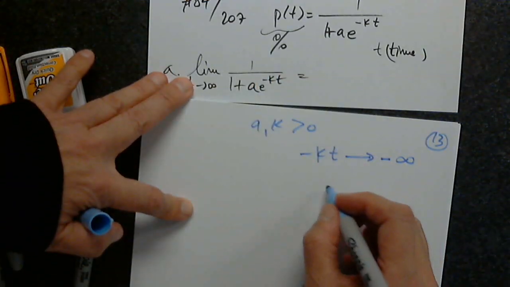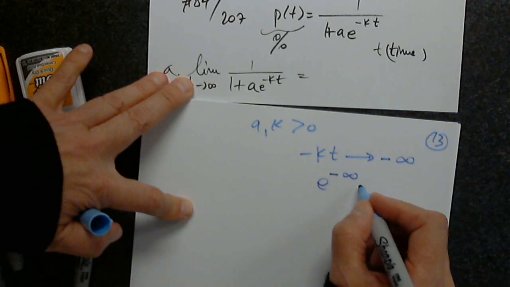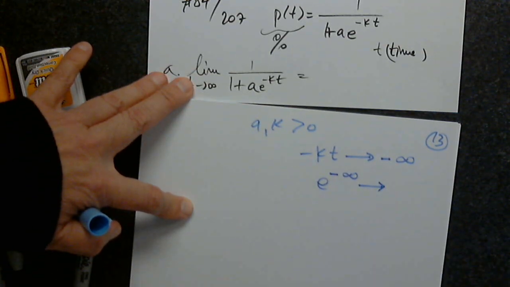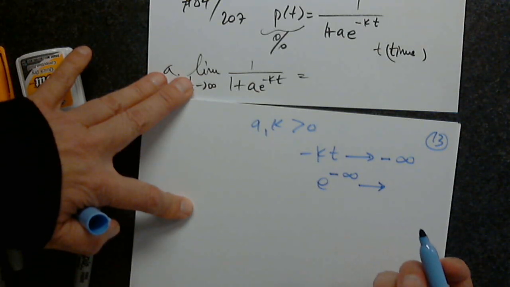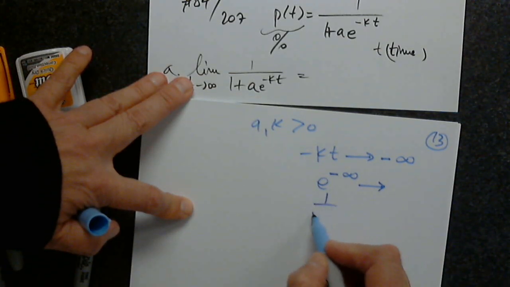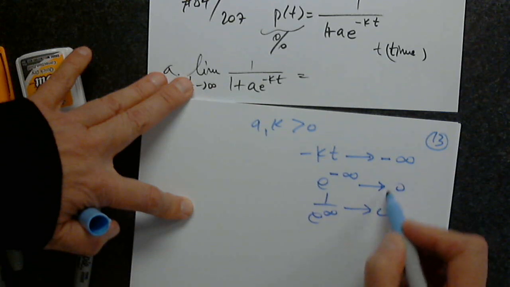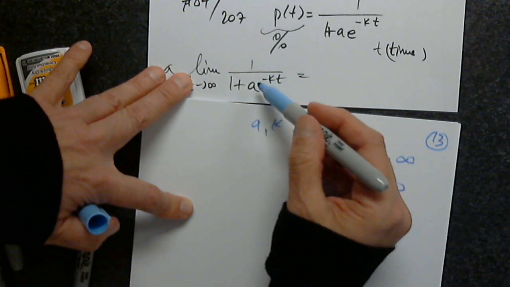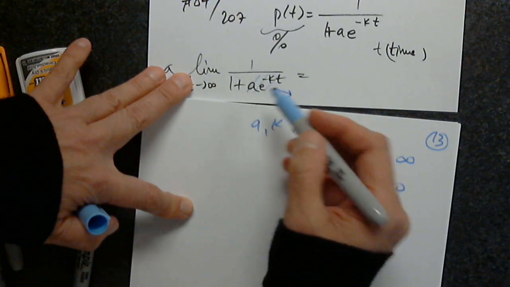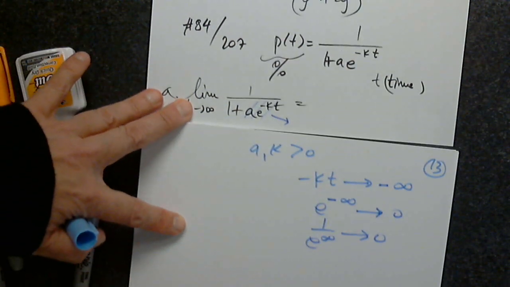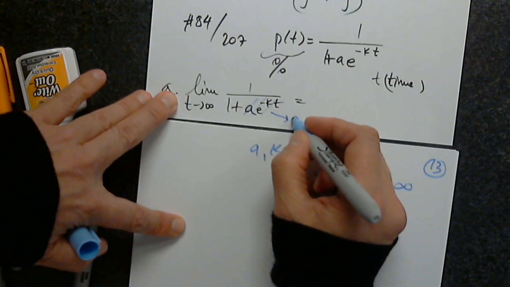So then we are looking at e raised to negative infinity. Where does this go? It's 1 over e to infinity, right? So this is 1 over e to infinity, which approaches 0. So then all this piece with a constant in front, when t approaches infinity, will approach 0.